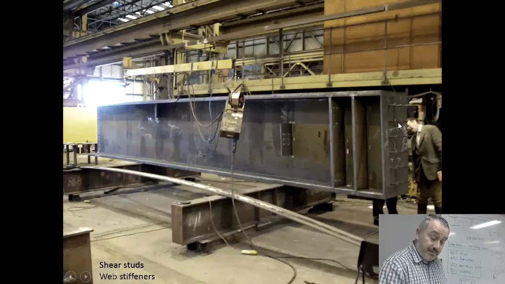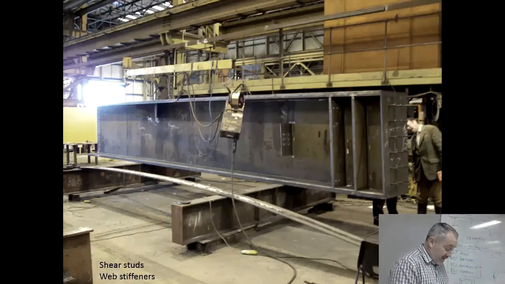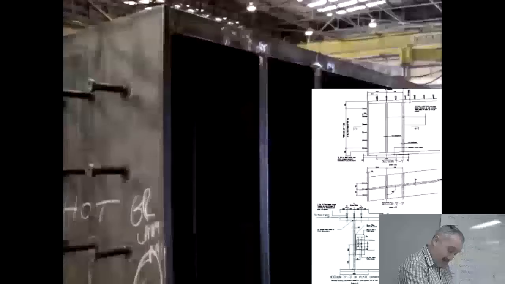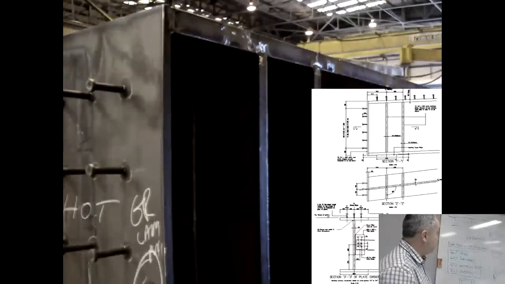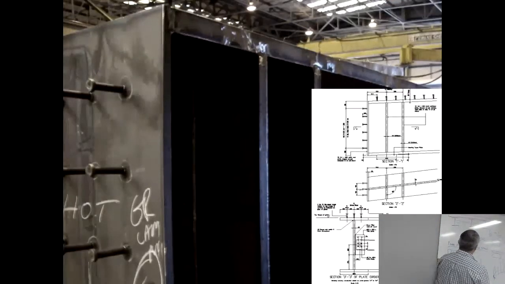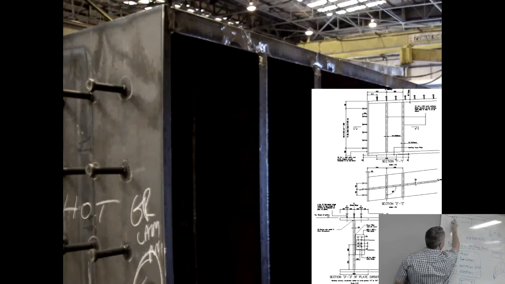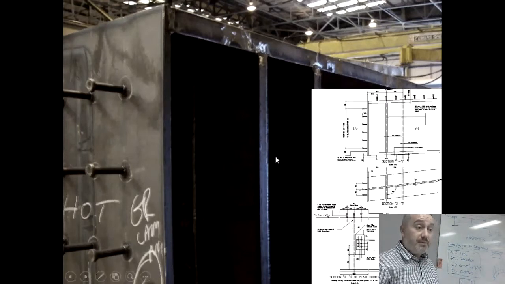You've got the shear studs on the end of the beams. The design is composite, so you have shear studs on the top of the beams connecting the concrete slab to the steel beams, and also the end of the beam is connected into the concrete.